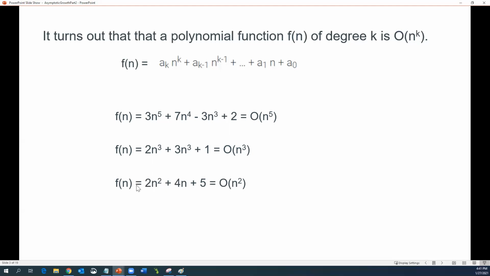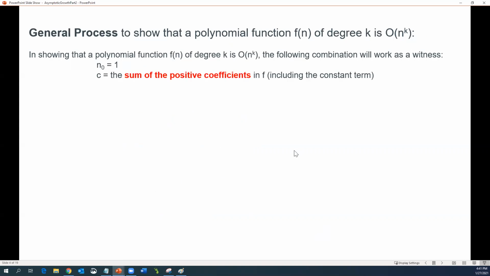So this would be O of n squared. And this one, there's just a 1n there, so that would be O of n. Simple enough. And remember the way we proved that for each individual one: we didn't talk about it in general, but we did some examples where it comes down to these rules.